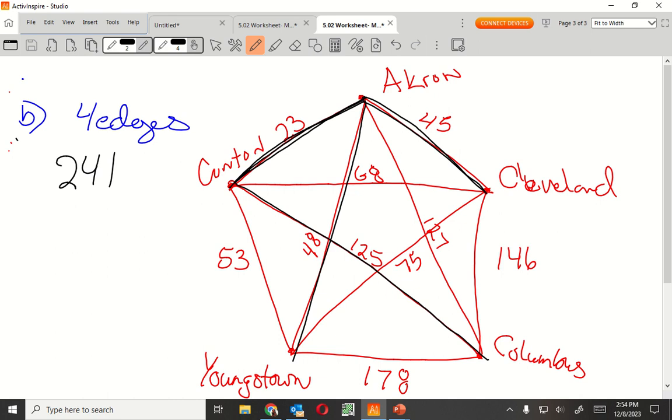So I'm going to take my 241, multiply by 2,300. What did you get? You said it is $554,300.